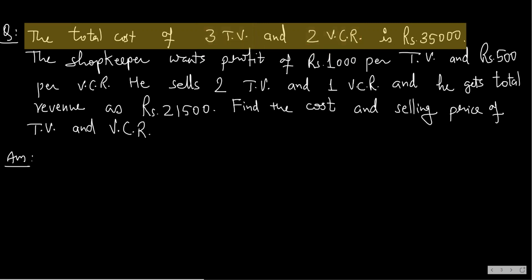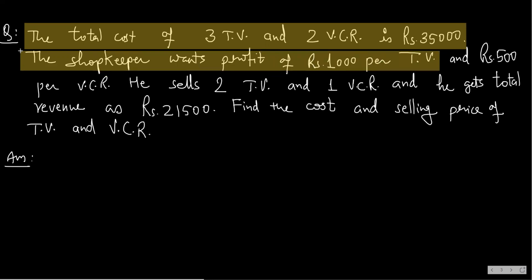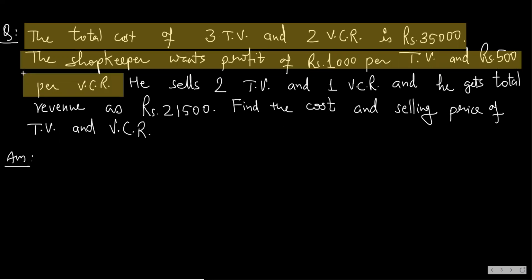Next, the shopkeeper wants profit of rupees 1,000 per TV and rupees 500 per VCR. So the shopkeeper first gets the television in his shop. He gets the VCRs in his shop.